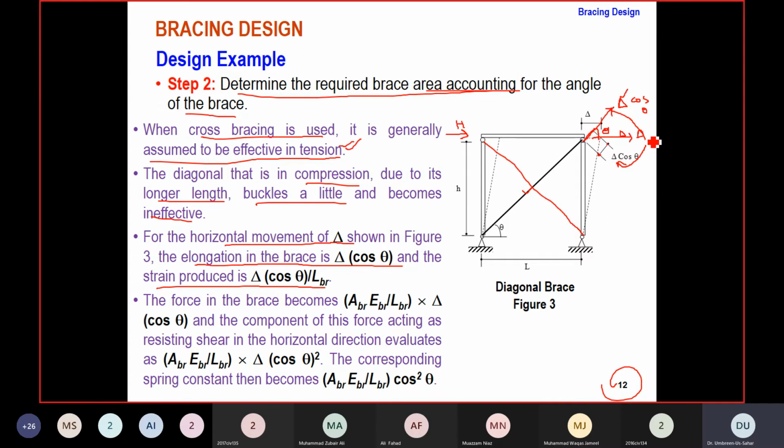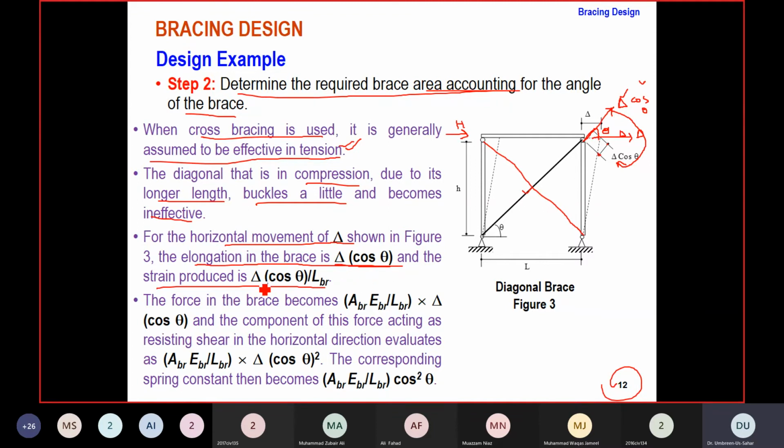So from the magnitude point of view, you are transforming your lateral deflection delta in the direction of, or aligning with, the brace itself. So it will be delta cos of theta. If this is the deflection along the brace, how can you get the strains out of it?